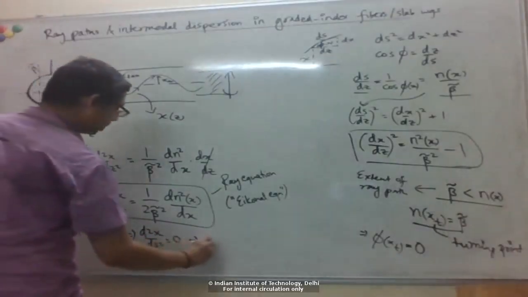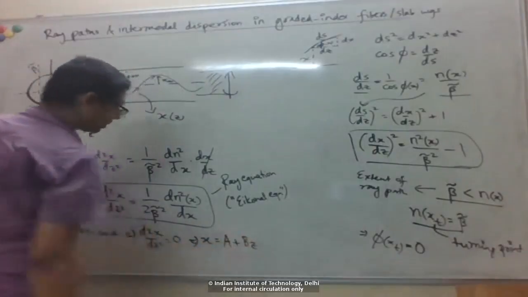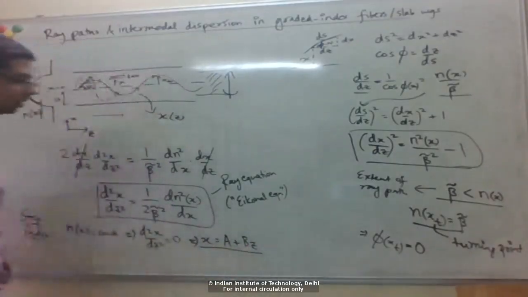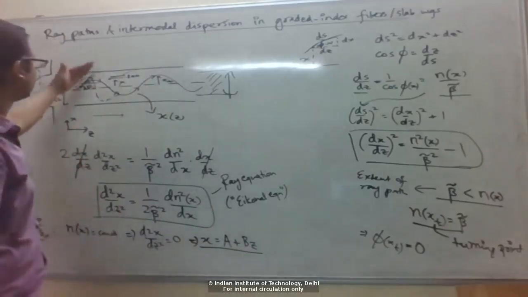So the solution is straightforward: x is some constant plus another constant times z. So you can see this is a straight line, and we already discussed that in the step index there will obviously be straight lines.